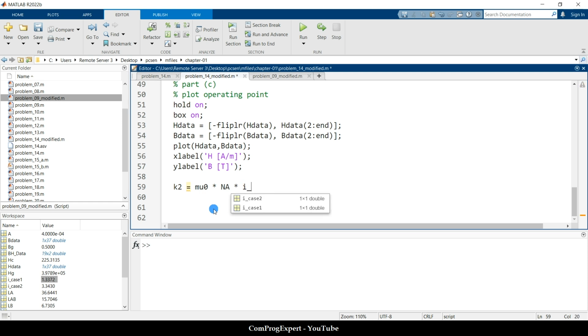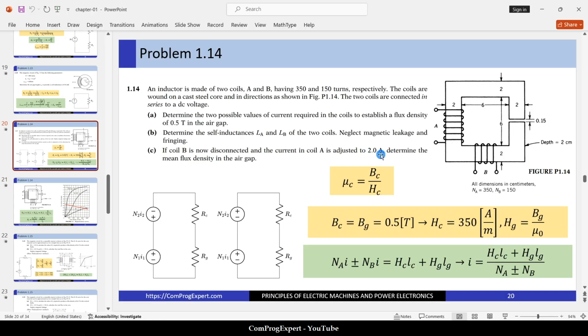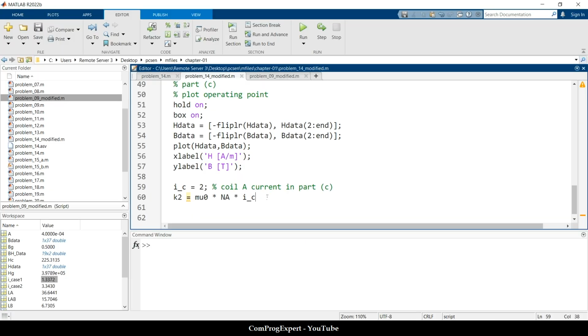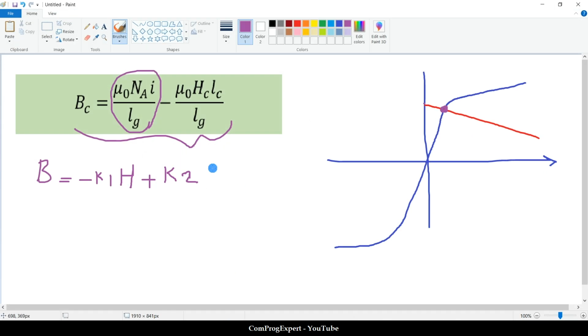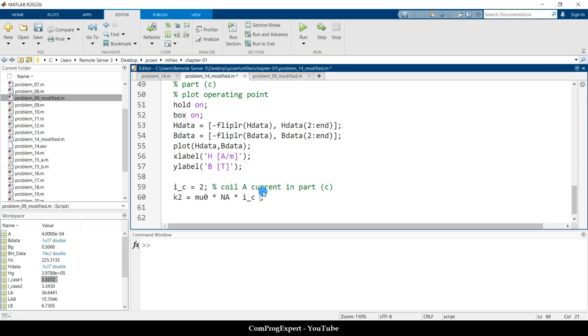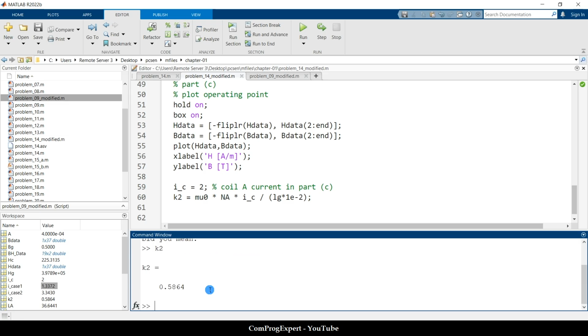For case C, the value of the current, coil A current in part C of the problem, is 2 ampere. So this is the value of K2, divided by L gap times 1e minus 2. So this is the value of the K2.